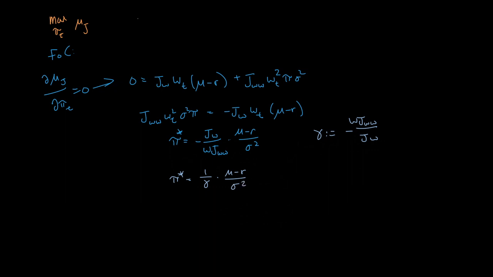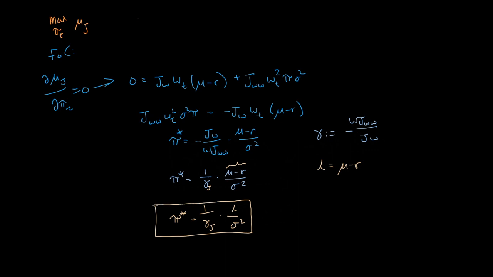The other thing we can do is to recognize that this mu minus r is the price of risk, the risk premium, and we could call that lambda. We could say lambda equals mu minus r. So that at the very end, pi star is equal to 1 over gamma, with a J subscript because it does depend on the function J, times lambda over sigma squared. And that is the optimum portfolio.